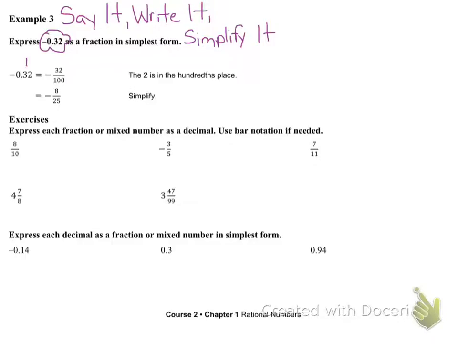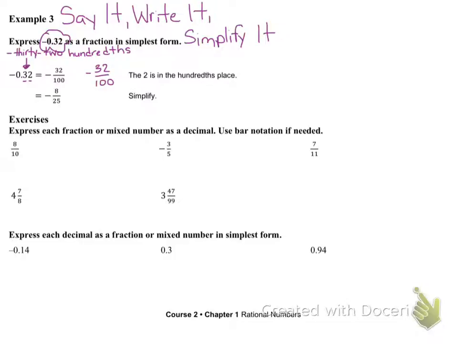So if I look at this decimal value and I say it, I'm going to say negative 32, and then that's the tenths place, that's the hundredths place, so negative 32 hundredths. So that's the say it. Now we write it, negative 32 hundredths.